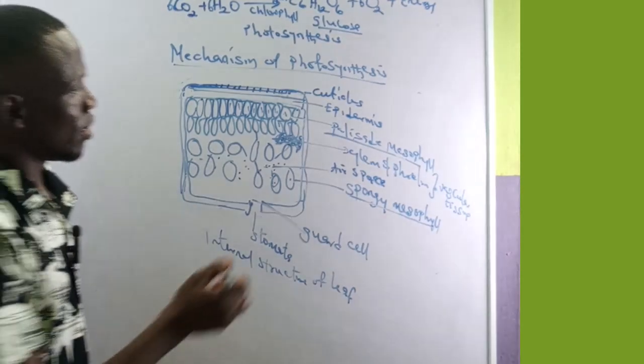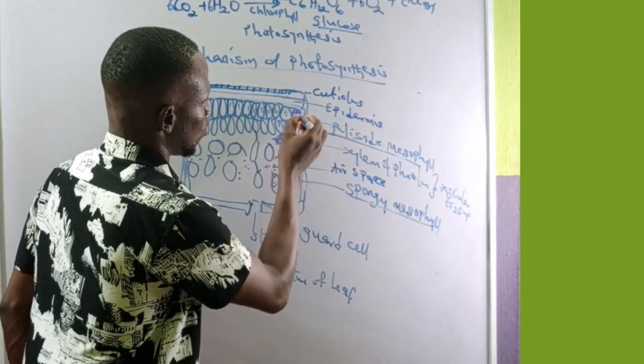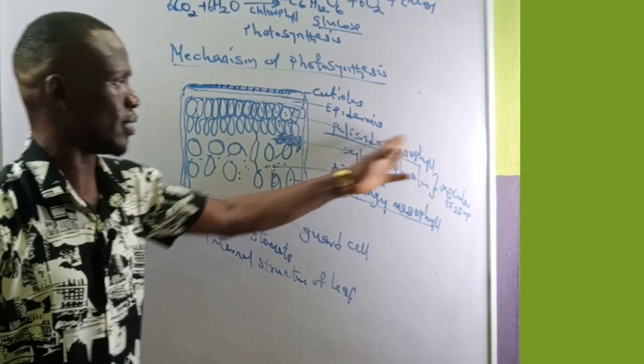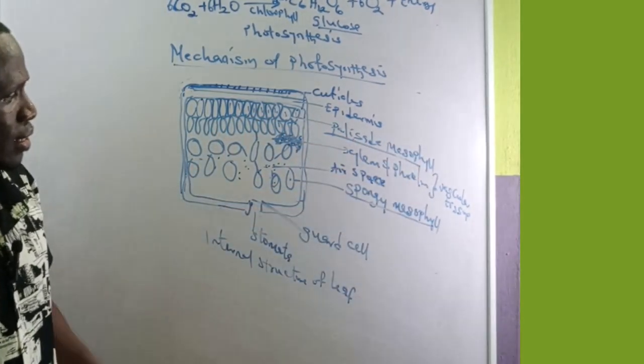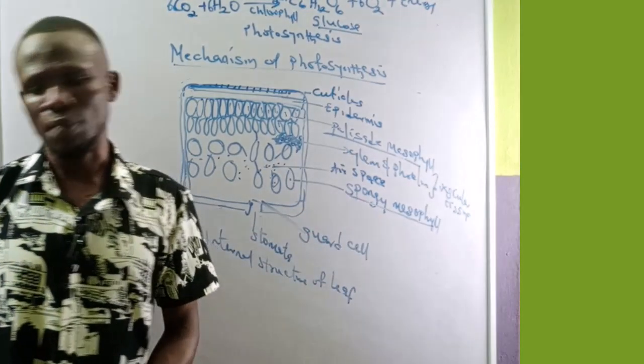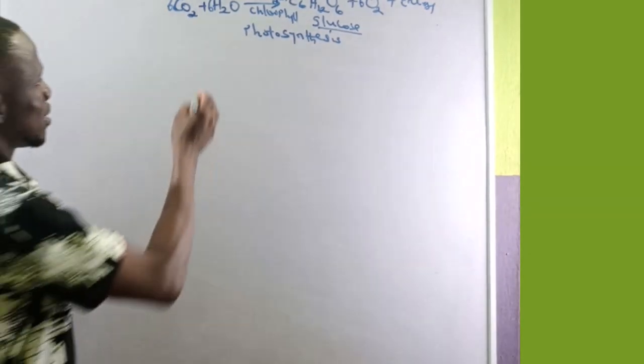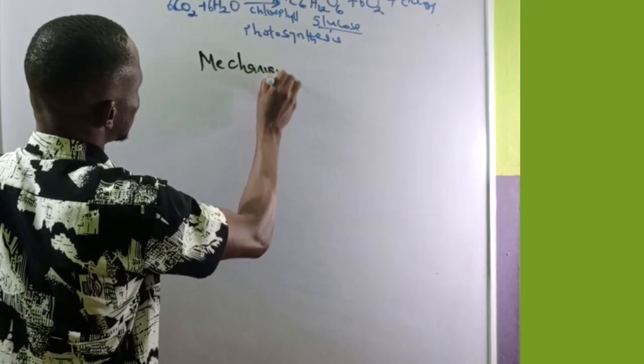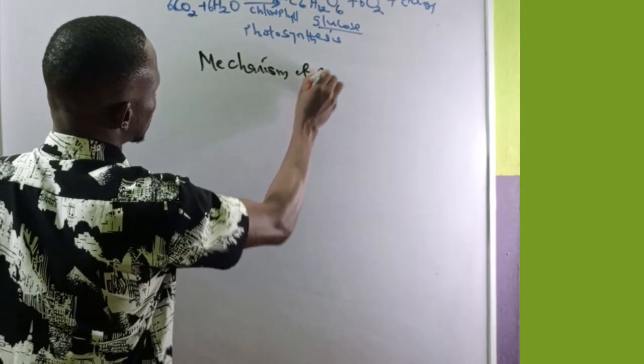However, the palisade mesophyll has more chloroplasts, so photosynthesis takes place more in the palisade mesophyll layers than in the spongy mesophyll. Let's look at what happens in the chloroplast of the plant during photosynthesis. That is the mechanism of photosynthesis.